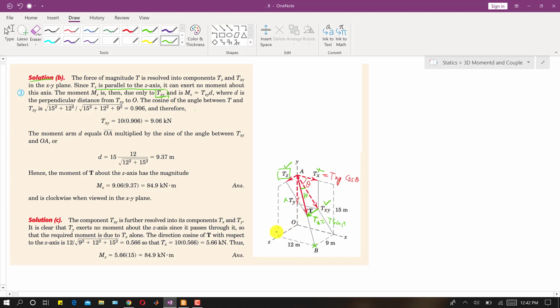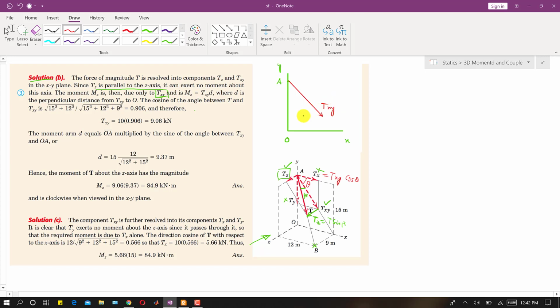And if we look at this Txy component from this direction, we will have this diagram. Let me draw that diagram as well. This will be point O, this will be the positive x-axis, this will be y, and somewhere here will be point A. Let's suppose this is the Txy component.